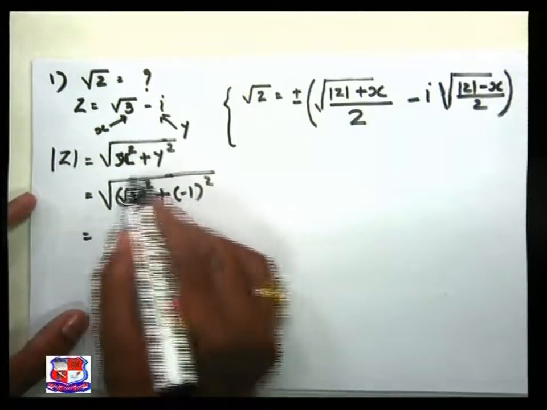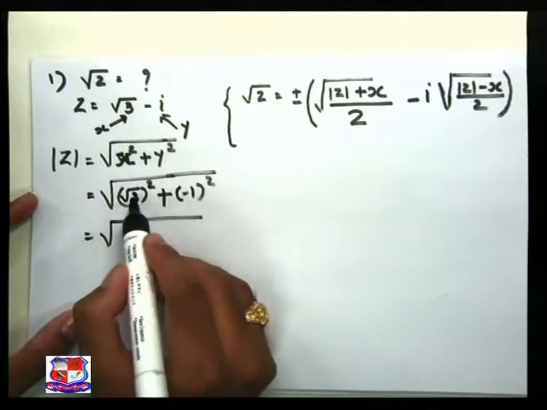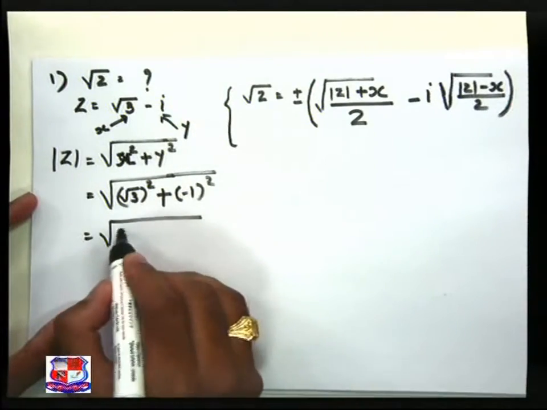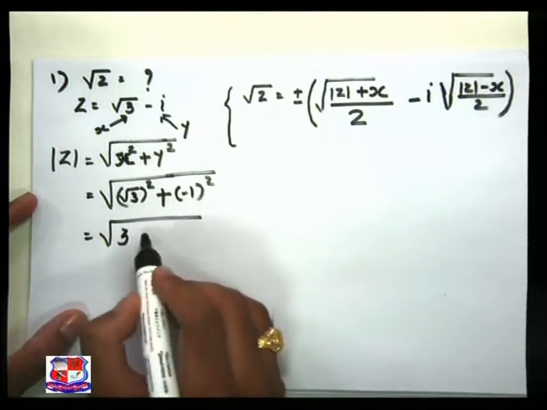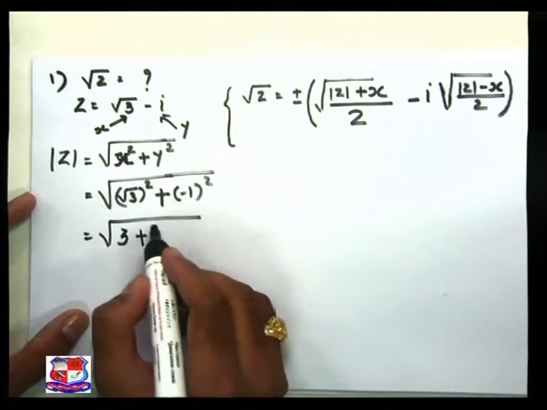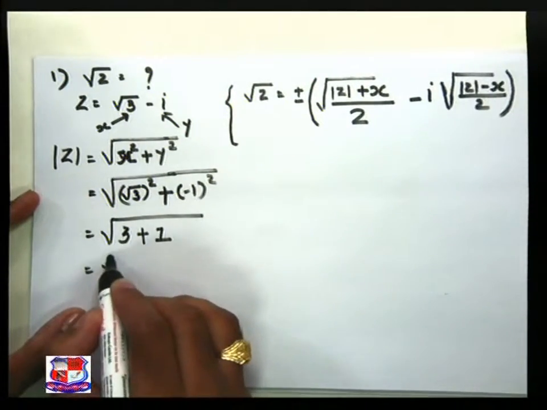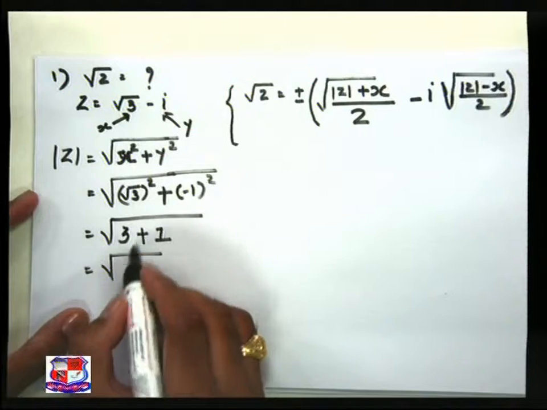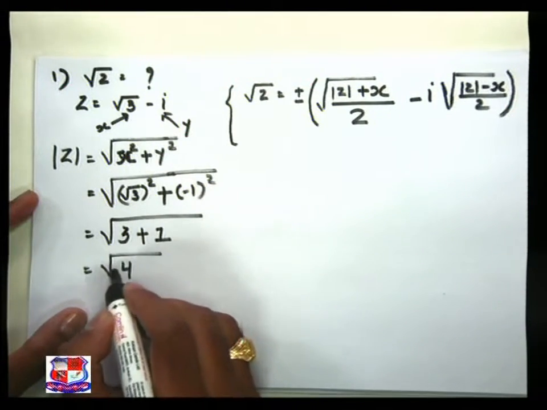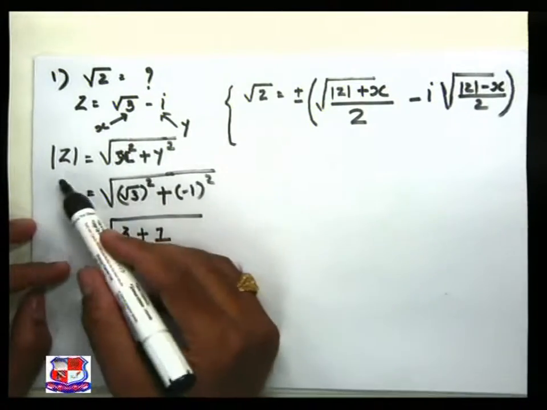Now simplify this equation. Under root 3 square is nothing but 3, plus minus 1 square is nothing but 1. So again simplify, under root of 3 plus 1, that is 4, and under root of 4 is 2. So this is our first step.